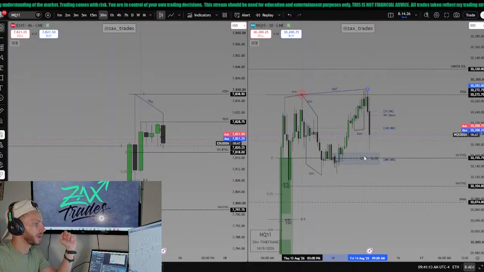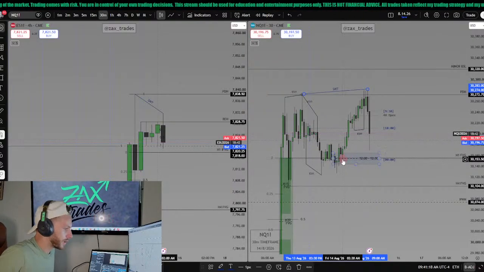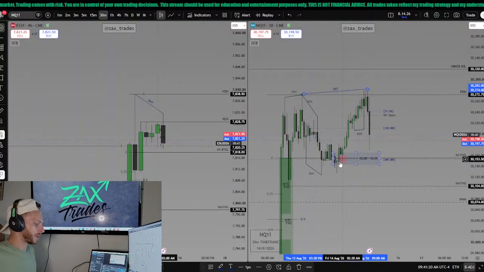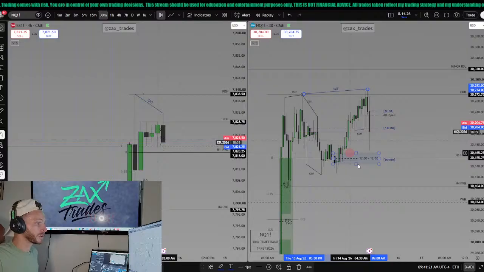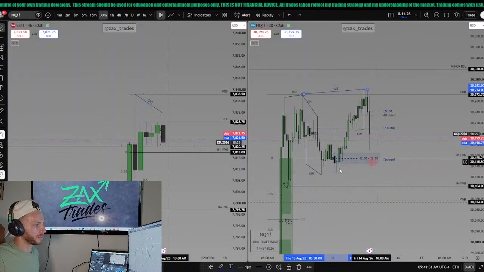What I mean by that is 12 to 12:30. This is not something I created. This is something that ICT has taught religiously. So I just go to the 30-minute time frame, mark the high and low of that 12 a.m. candle, and then make that my 12 to 12:30 opening range.